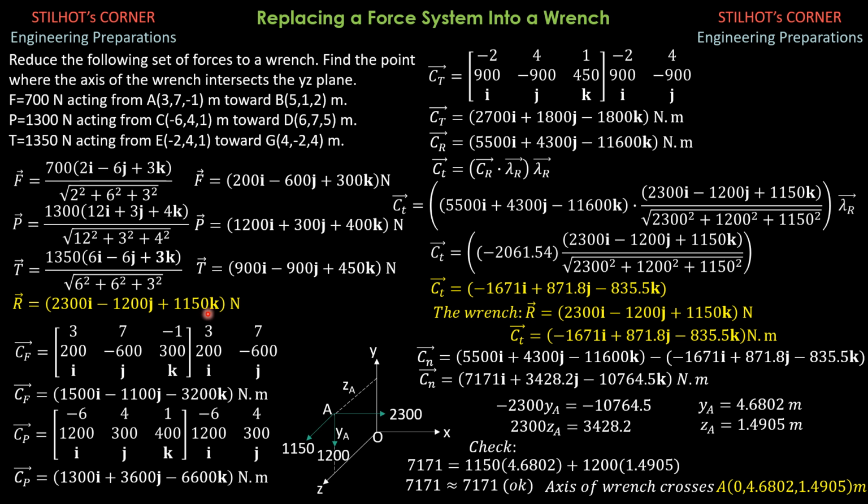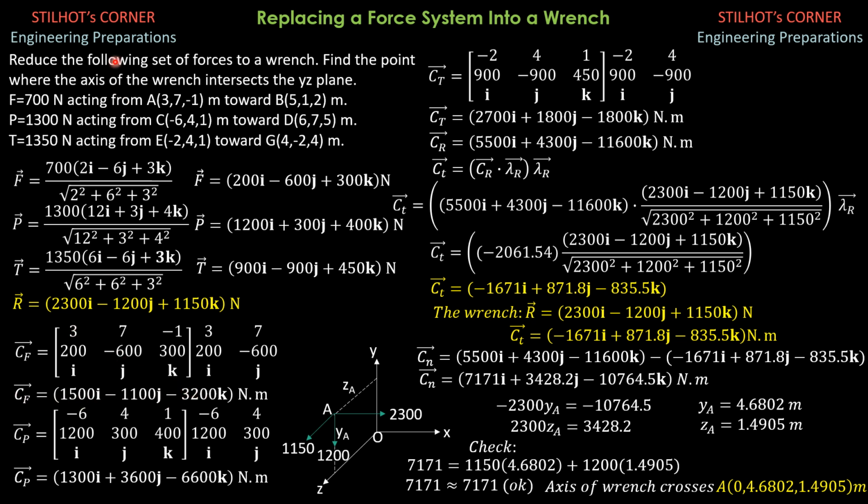For the couple, you can use the cross product or scalar approach. But I originally solved this by the scalar approach so that the couple vector for F would be correct.